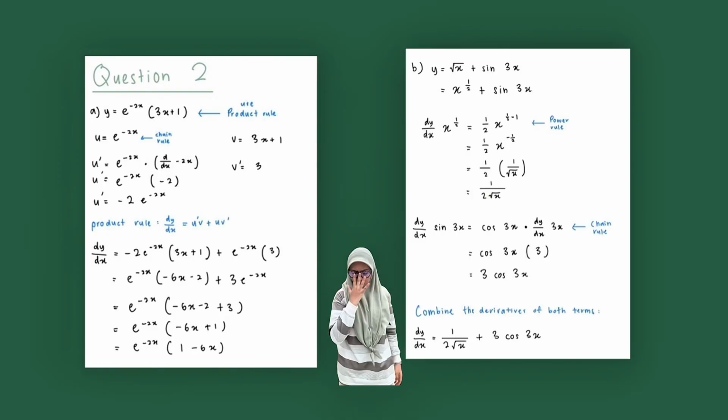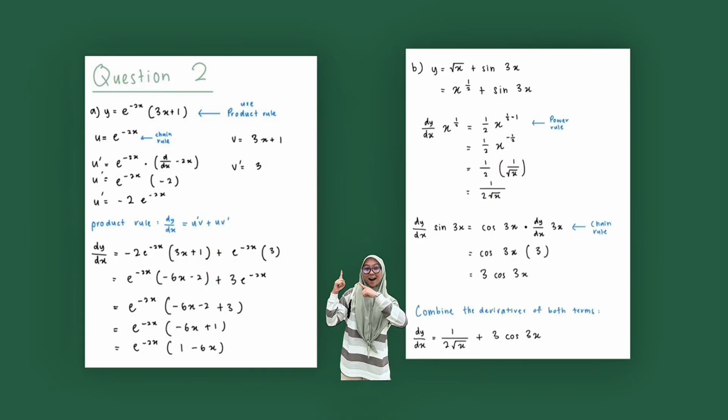Then, insert all the information that we have gathered into the formula, which will be dy/dx equal to negative 2 e to the power of negative 2x times 3x plus 1 plus e to the power of negative 2x times 3. So, first, we need to expand the negative 2 inside the 3x plus 1 bracket. So, it will be e to the power of negative 2x times negative 6x minus 2 plus 3e to the power of negative 2x.